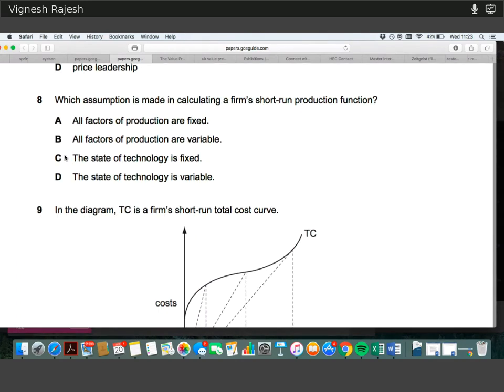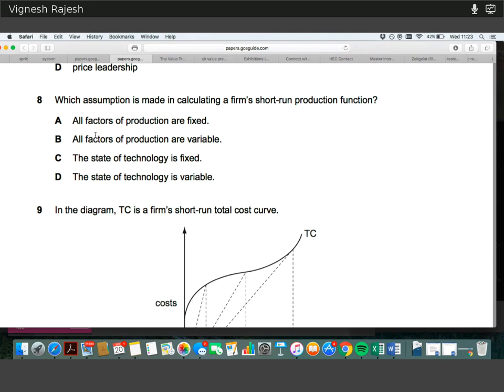Okay, question 8 is looking at the firm's short-run production function. The distinction between short run and long run is crucial. In the short run, the state of technology is fixed, while in the long run, the state of technology is variable.